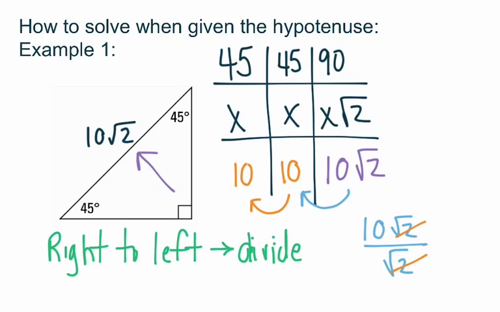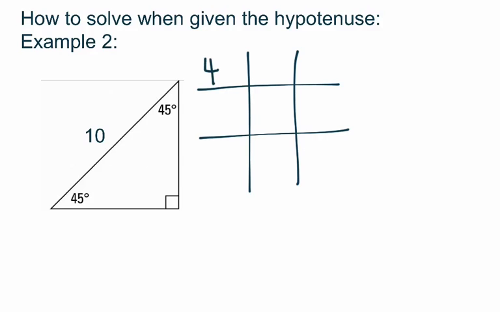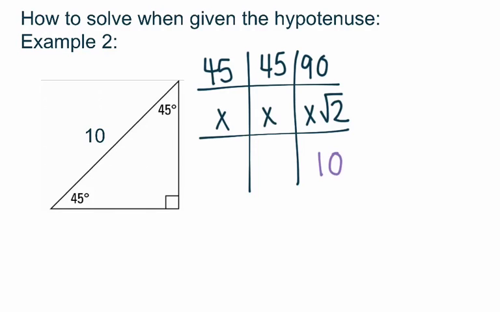Okay, let's try another one. Same grid formation. It's x, x square root of 2. On this one we're given 10, so we're going from left to right this time. So we need to do 10 divided by the square root of 2.